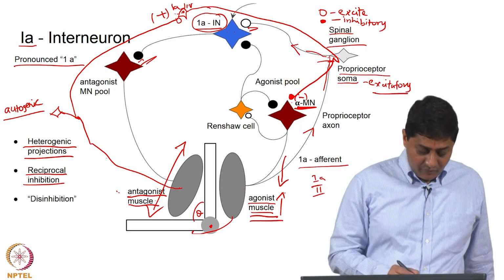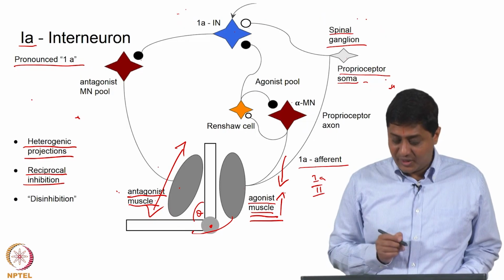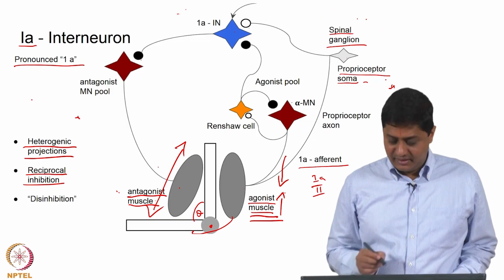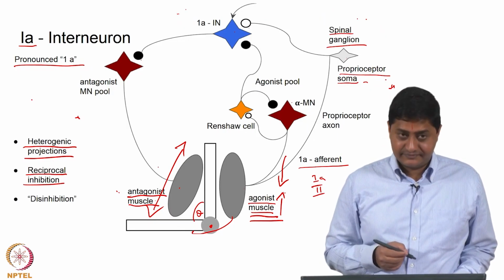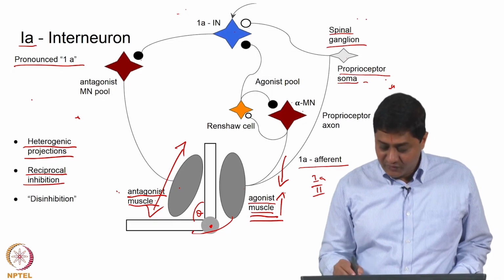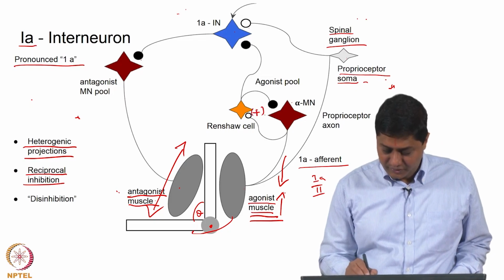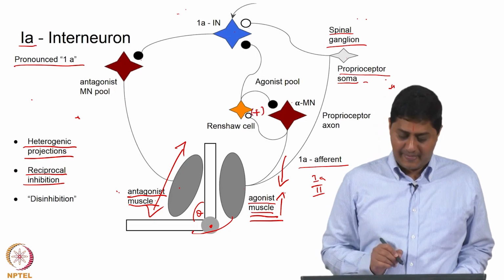Okay. Now, the Renshaw cell is activated by the alpha motor neuron, right. This is what we saw in the previous class, in the previous slide. Whenever this alpha motor neuron is firing, it is going to activate this Renshaw cell.